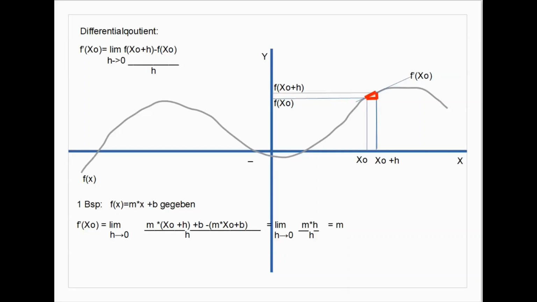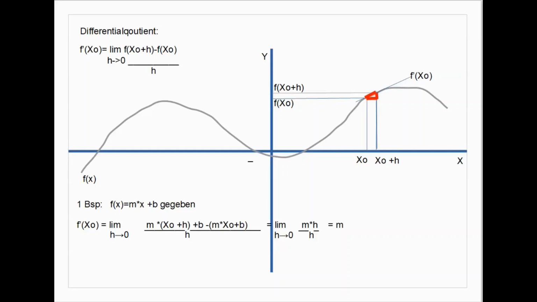That is, the second point f of x0 plus h gets closer and closer to f of x0, and the slope triangle gets smaller and smaller and constantly changes during the change, namely in the same way as the curve. The whole thing is expressed by limit h towards 0.